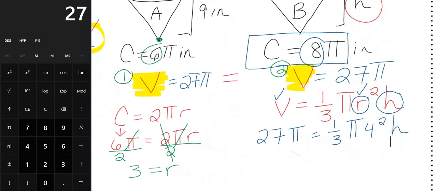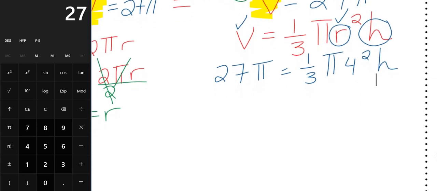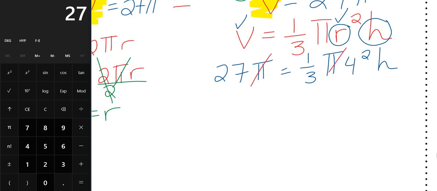I'm going to zoom in. Okay, first step, I'm going to cancel out the pi's. Once I do that, I have 27 equals 1/3. 4 squared, I'm just going to go ahead and simplify that. 4 squared is 16 times h.